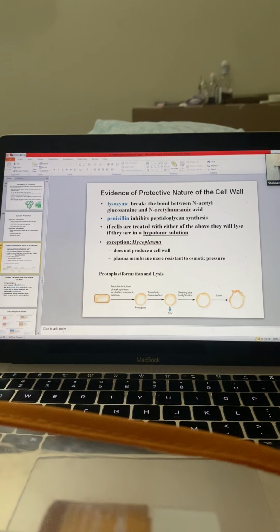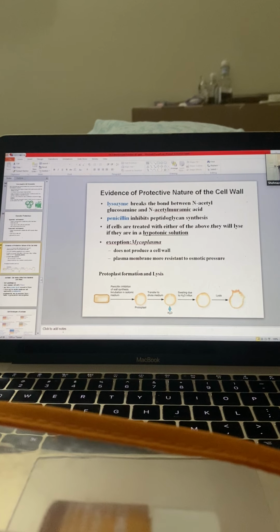So as such, I would say that while trying to find something that would break the cell wall and use that as an antimicrobial agent, using lysozyme as his model, he was very lucky to have found the real compound that became such an important discovery in all of microbiology. Penicillin actually inhibits peptidoglycan synthesis. So new peptidoglycan is not synthesized, meaning your cell walls cannot grow.